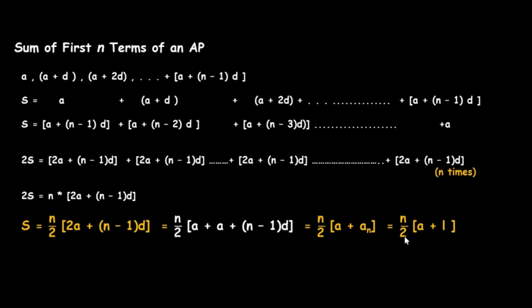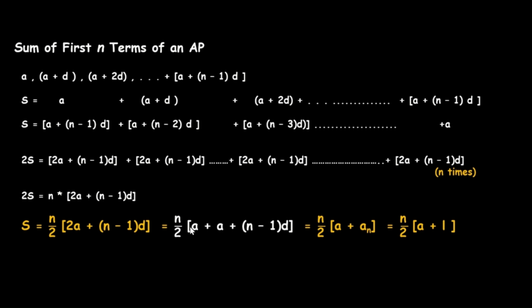Let us keep in mind all the three formulas, which are useful depending on the problem or question given. Sometimes the question may indicate n, a, and d, and we can use this formula to calculate the sum of the first n terms.